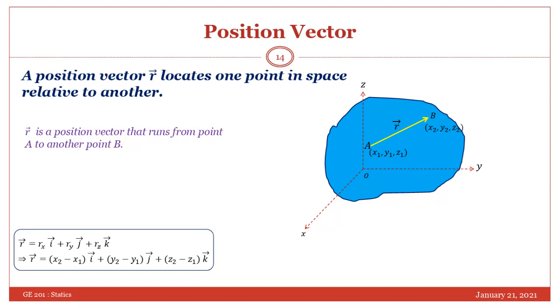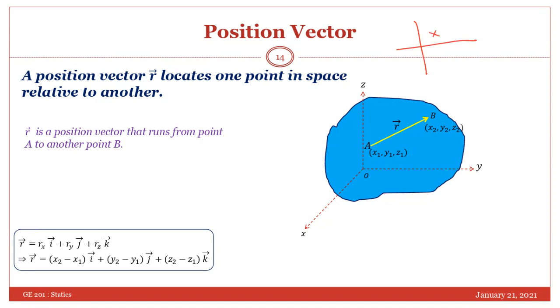Suppose the location of B changes, of course the vector will change. Or if the point relative to which you are talking about the position vector changes, then also the position vector will change. So first let us do this in 2D to understand how to calculate it.